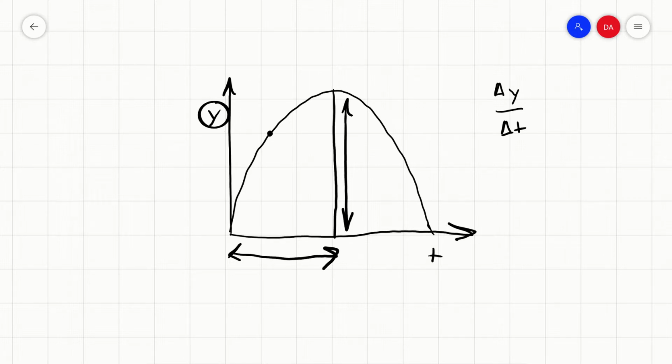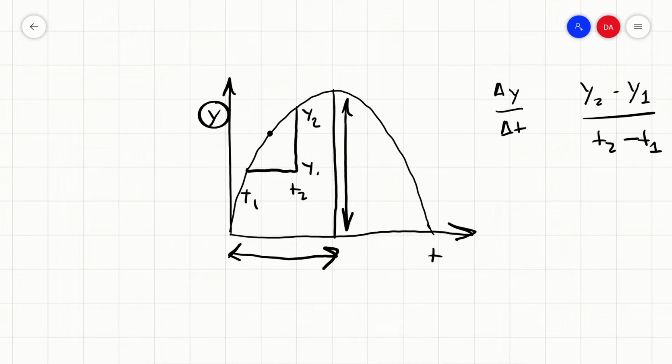Well, we can try to approximate it by making a smaller average that we would be from t1 to t2 and from y1 to y2, and you could write that as y2 minus y1 over t2 minus t1.